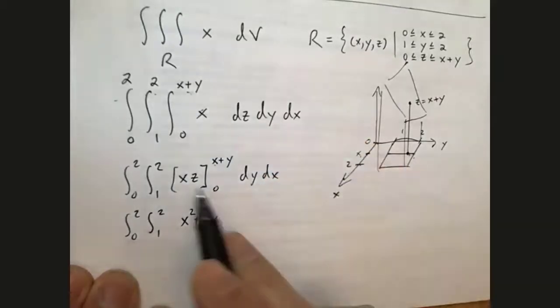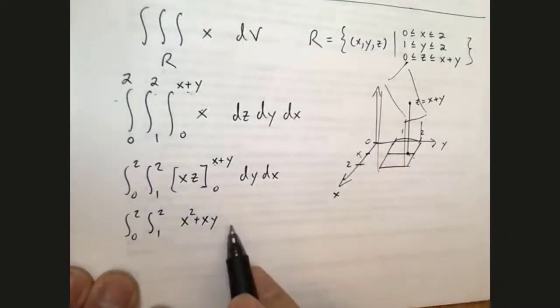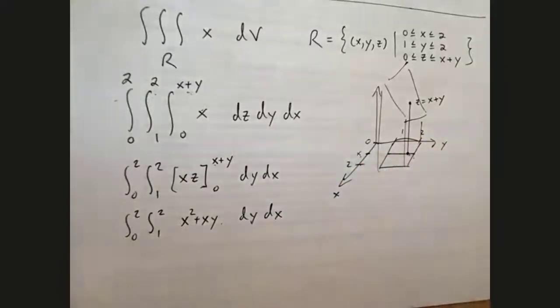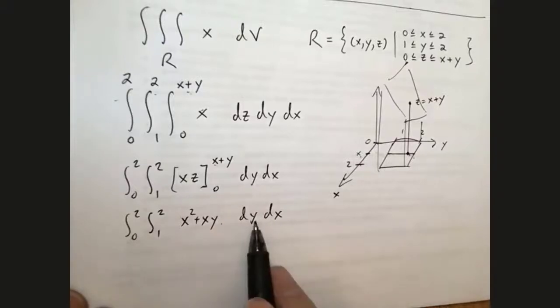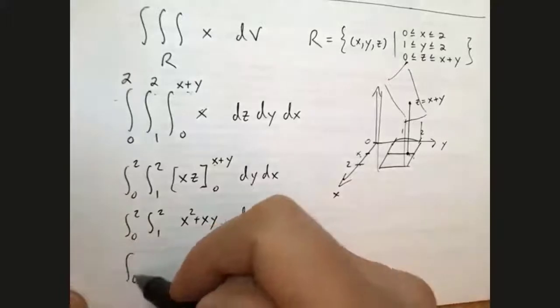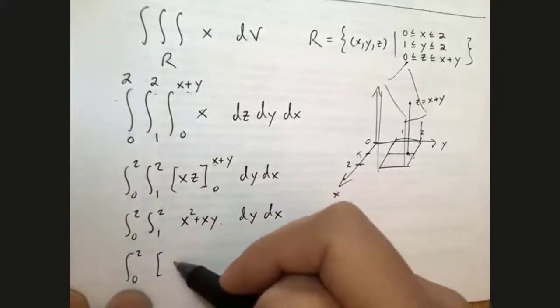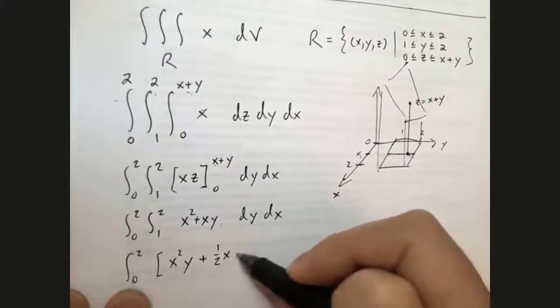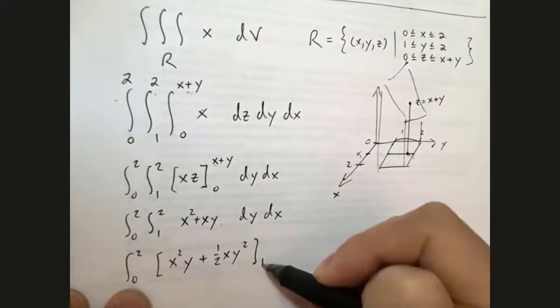And when I plug in 0, I get 0, so I don't have to subtract anything here. So I get this. Now I'm going to anti-differentiate with respect to y. So I get x squared y plus 1/2 xy squared, and I'm going to evaluate that from 1 to 2.